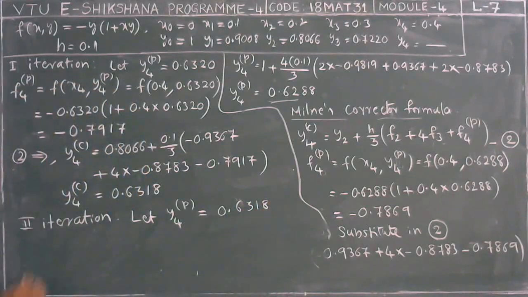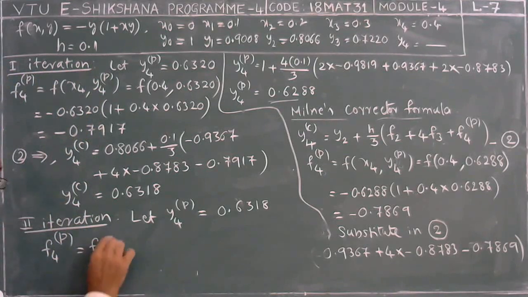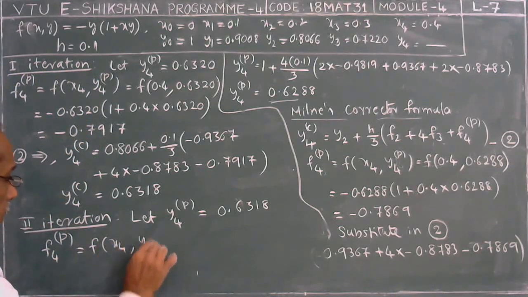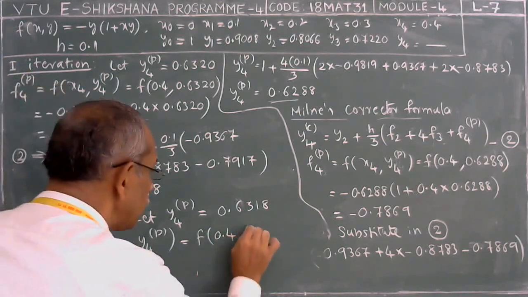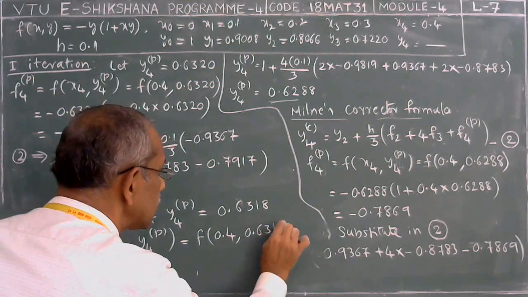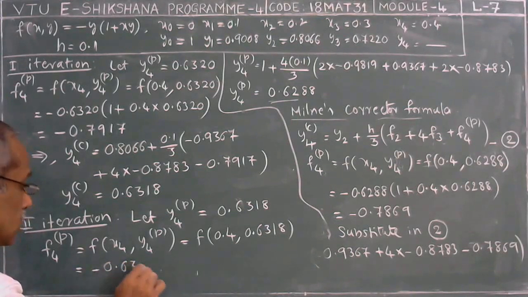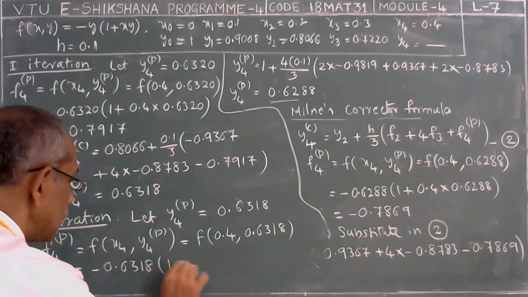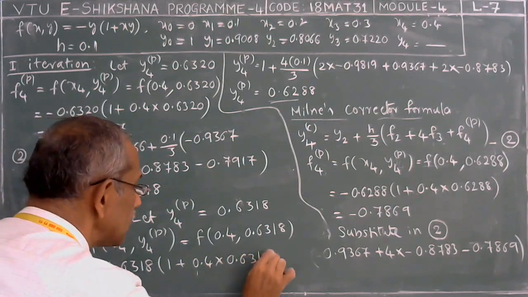Now compute f4p, which is f of x4 comma y4p, so f of 0.4 comma 0.6318. Applying the definition, minus 0.6318 into 1 plus 0.4 into 0.6318.